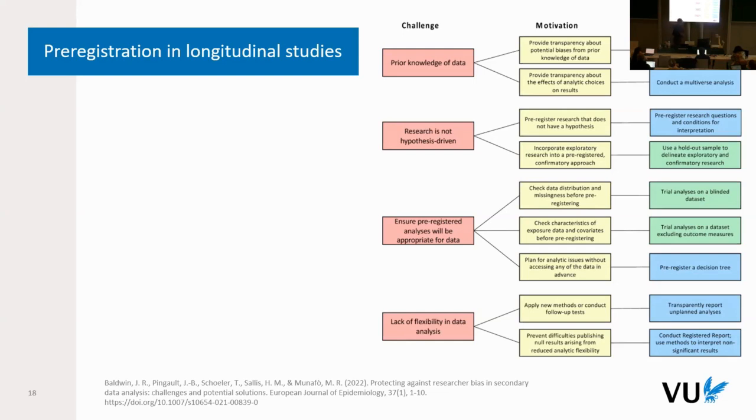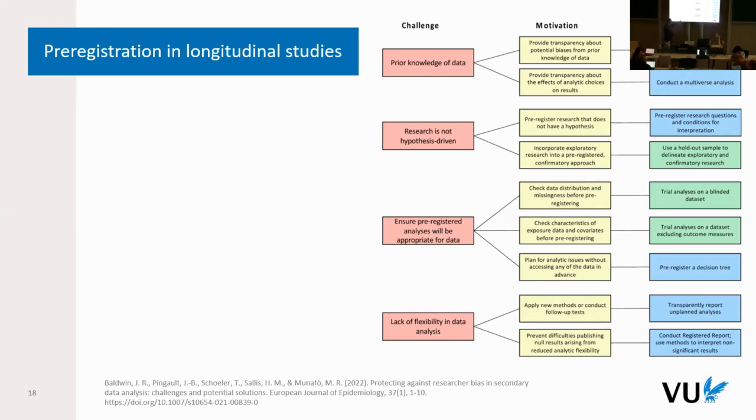But there are multiple ways that pre-registration can still work, even if it's not pre-registration of a single experiment before you are actually conducting it. People have been thinking about this, and this is also a great paper by the same J.C. Baldwin.